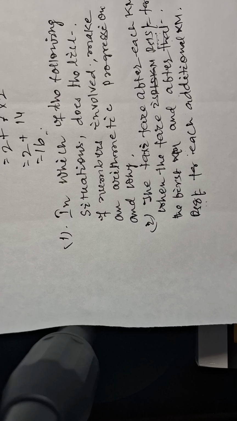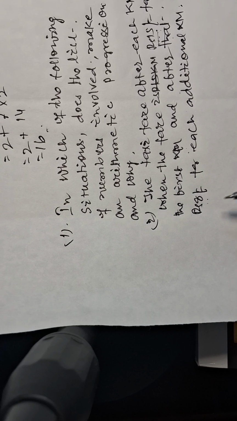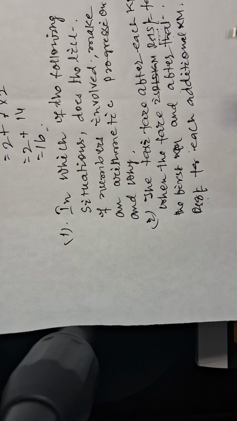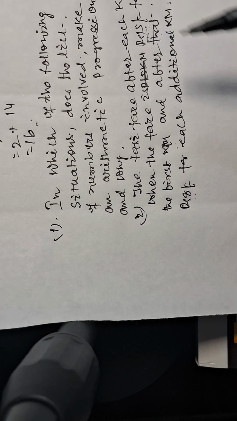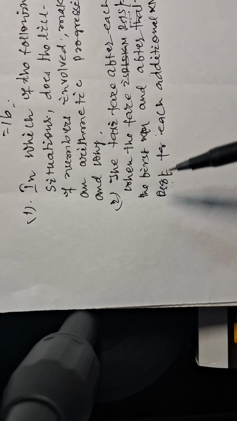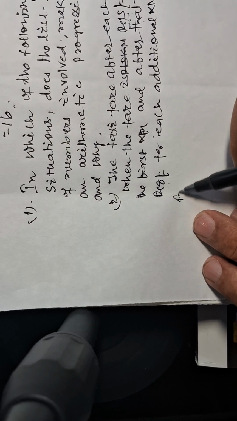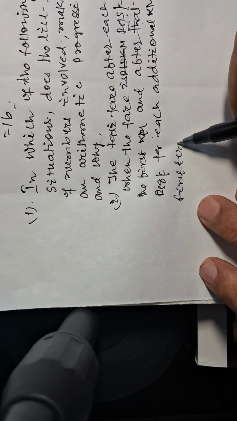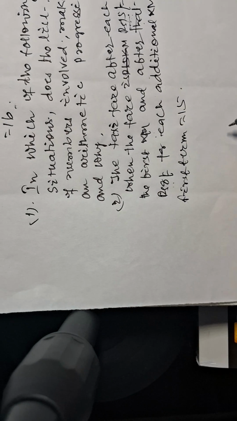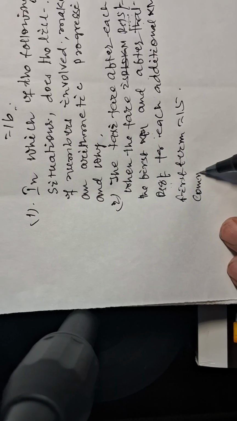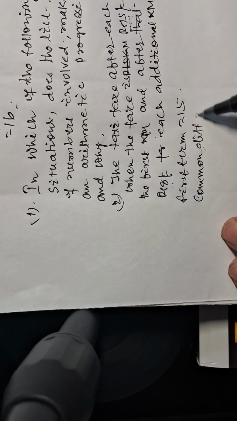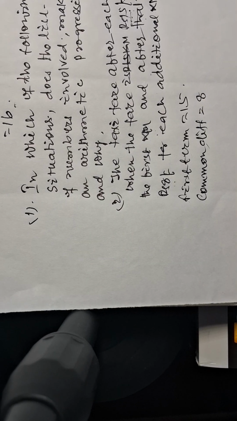If you travel 2 additional kilometers, we pay 15 plus 16. So 15 is the first term in the list, and the common difference is 8. These two things are given.